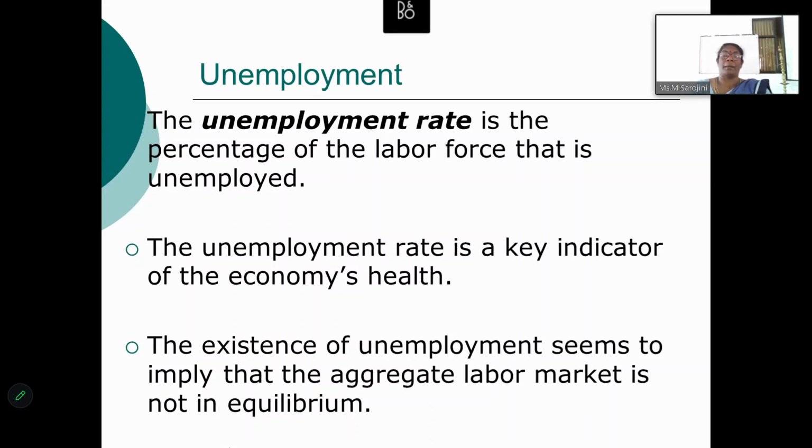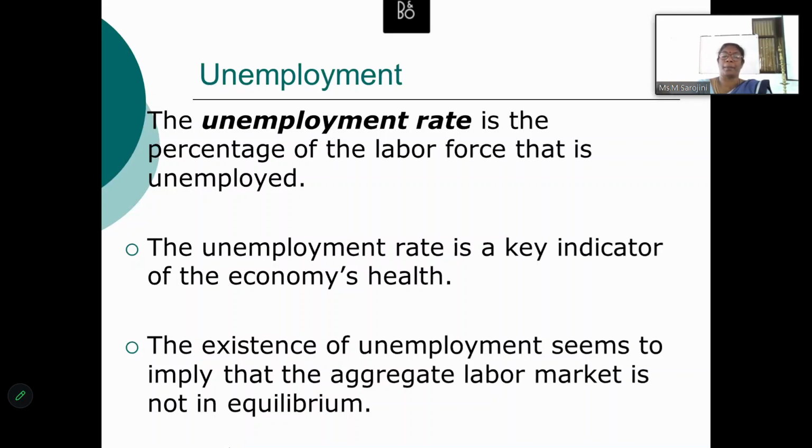Labor market equilibrium means the labor supply is equal to the labor demand. Once labor demand is equal to labor supply, there is no unemployment. The wages are just reasonable.